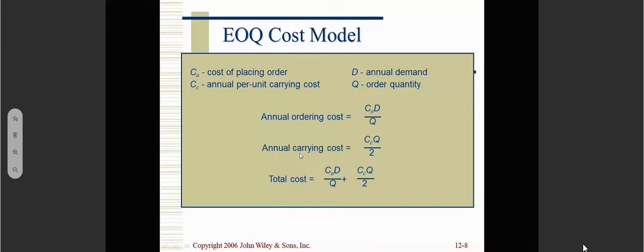And we also have the annual carrying cost, where we need the average inventory, the optimum order quantity divided by 2, and multiply by the carrying cost, so we have the annual carrying cost.